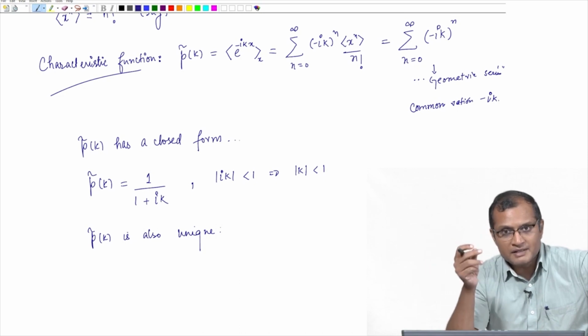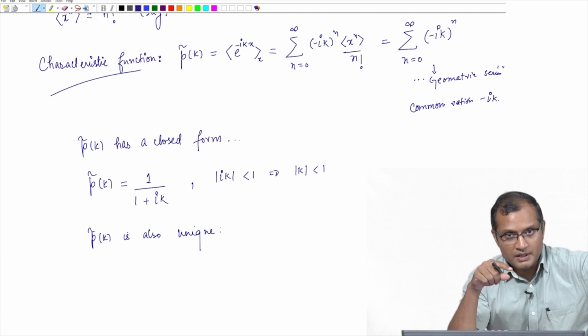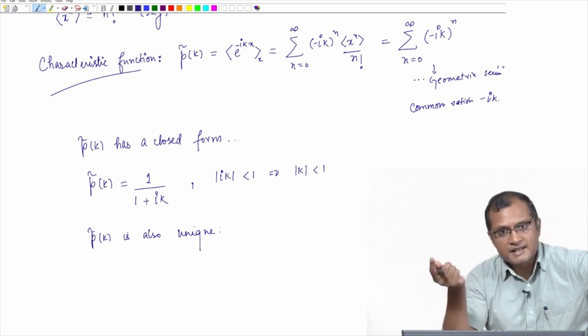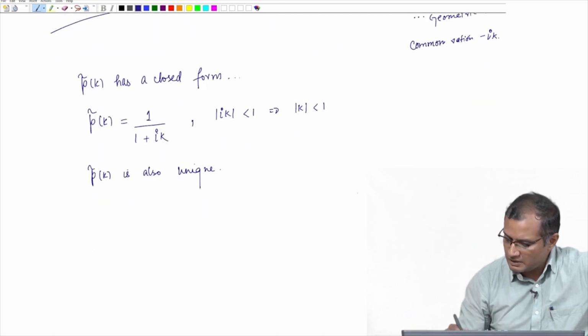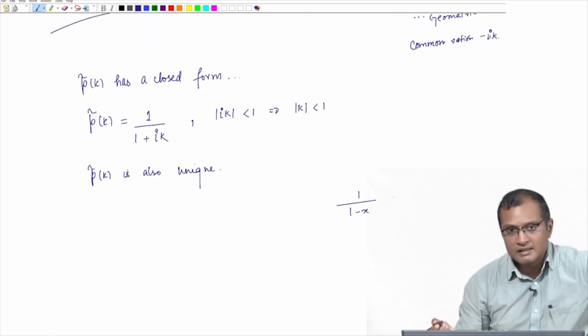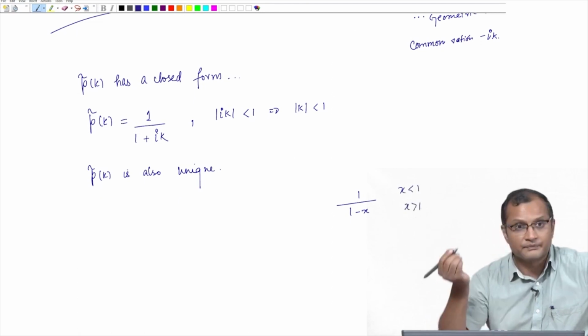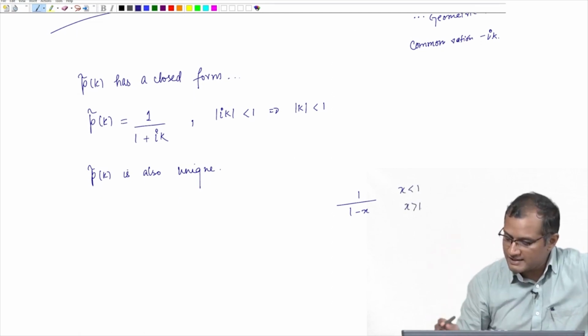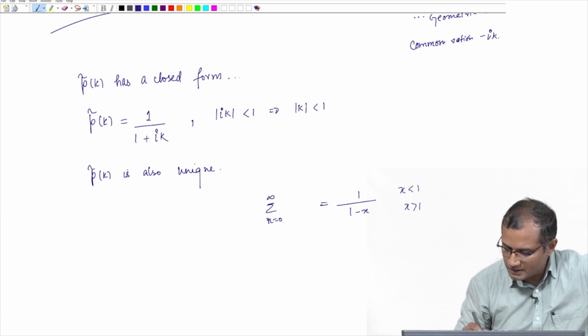It is a geometric series that converges to 1 upon 1 plus I k. Okay. P of k applies everywhere. It is like saying 1 upon 1 minus x. This exists for both x less than 1 or x greater than 1. Okay. For x less than 1, it has a form which is summation n going from 0 to infinity x to the power n.